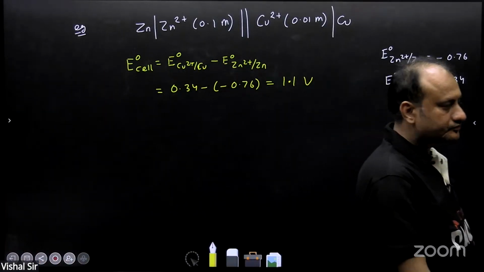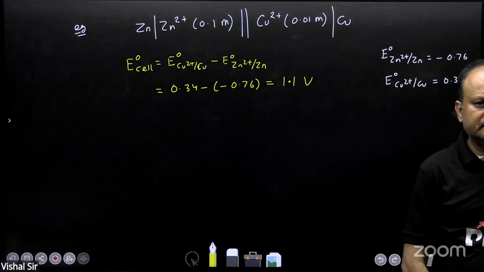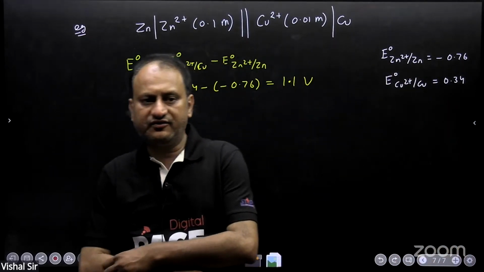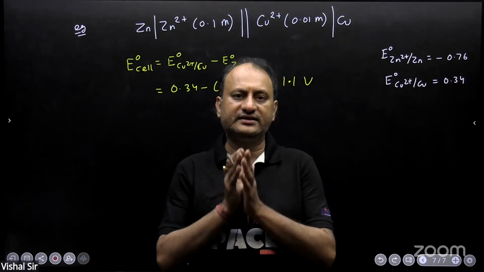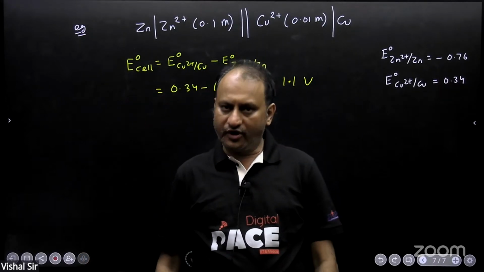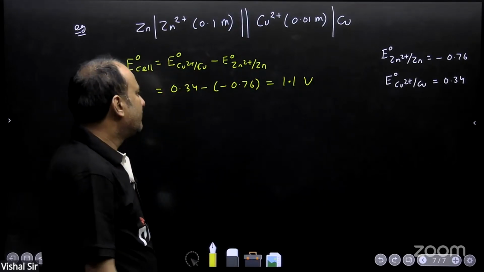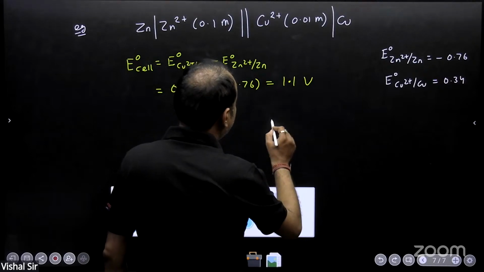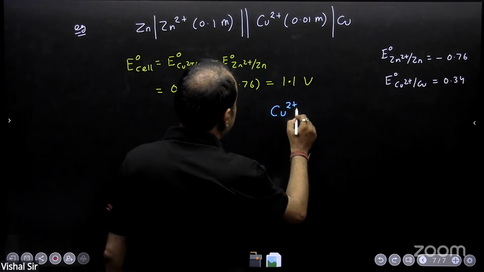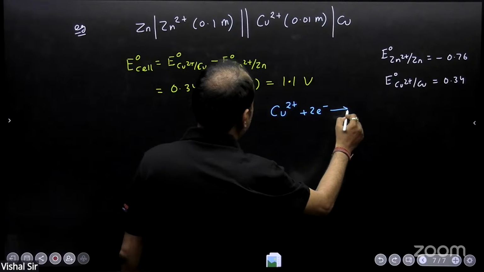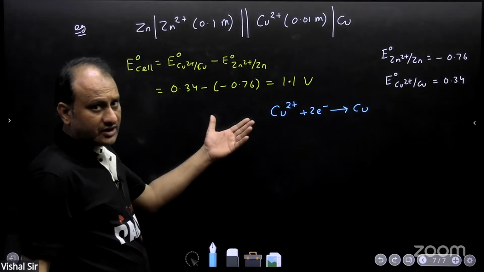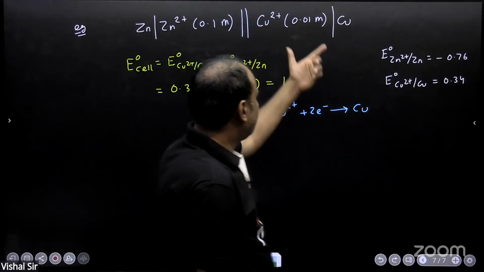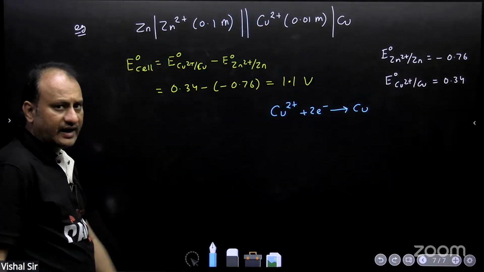Now, for N factor and Q, I will always suggest that first you should write the balanced reaction for this galvanic cell. Here, the cathode is the copper half cell. Reduction will be happening there, from higher oxidation state to lower oxidation state. This is the anode.